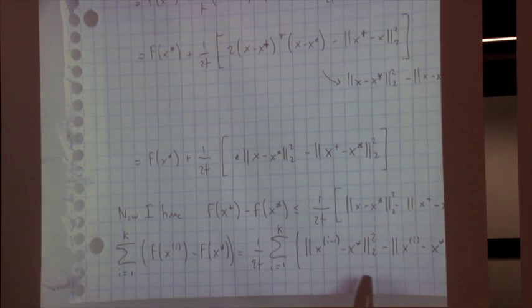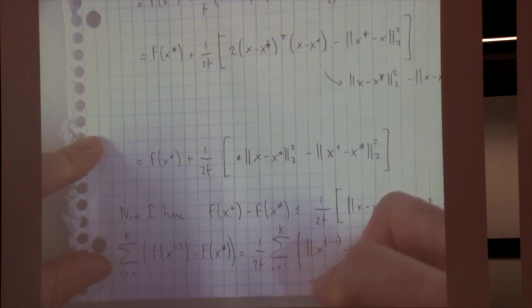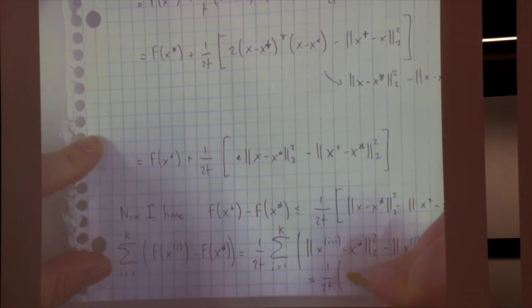And this is a telescopic sum. So I'm going to retain only the first term and the last term in the sum. So this is actually equal to 1 over 2t times the first term, x naught minus x star squared, minus the kth term, xk minus x star squared.